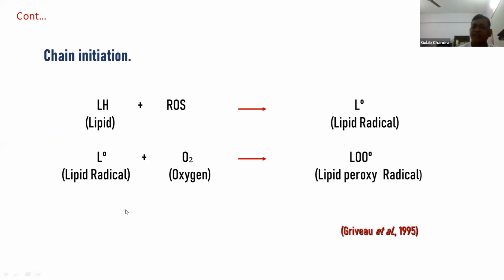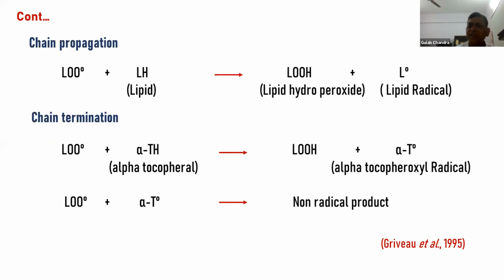This is the chain reaction. These lipid peroxy radicals again bind with lipids to form lipid free radicals, and these free radicals again and again bind to lipid molecules and damage the whole membrane.